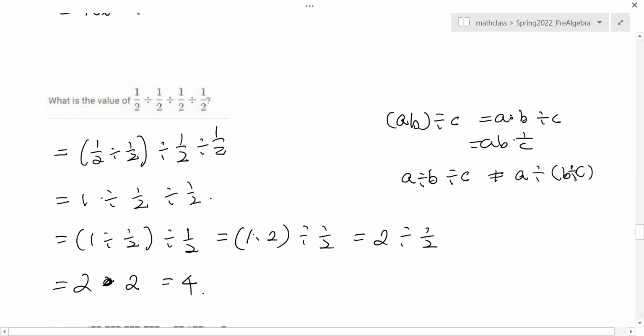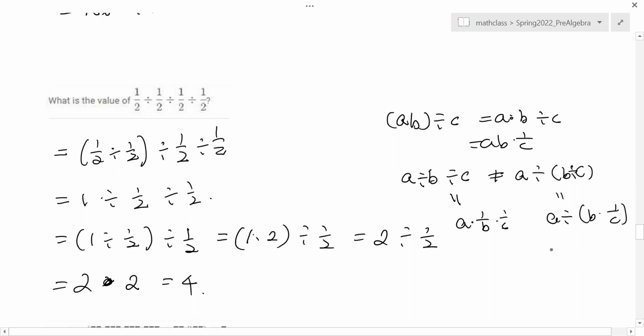Let's see what this one is. This is A times 1/B, and then divide by this times 1/C. And this side is A divided by, it's a little bit complicated, B times 1/C.